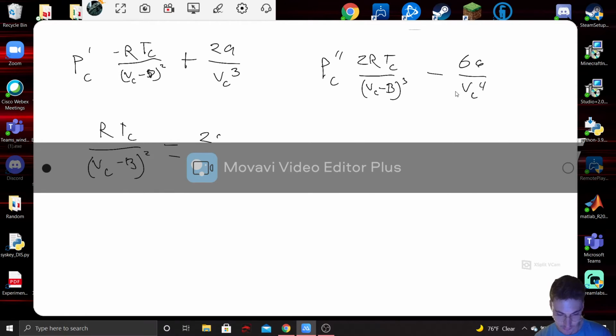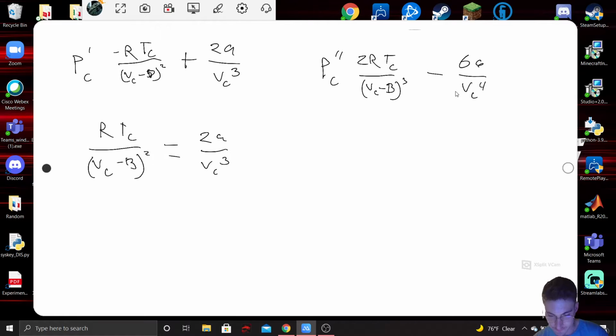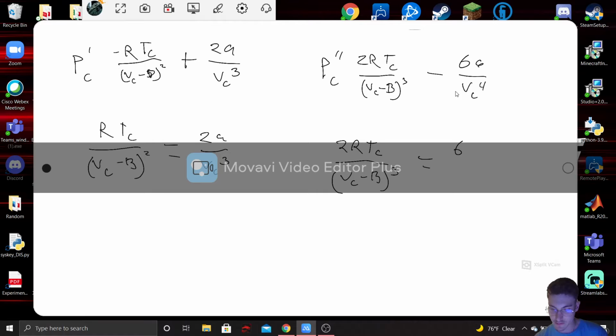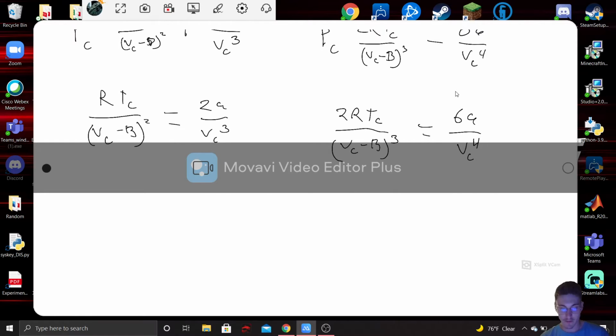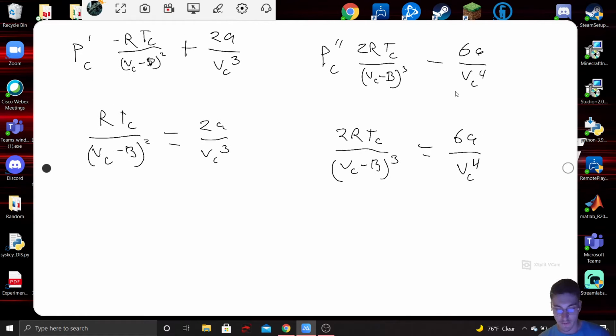So then equals 2A over VC cubed, and then this side becomes 2RTC over VC minus B cubed equals 6A over VC to the fourth.